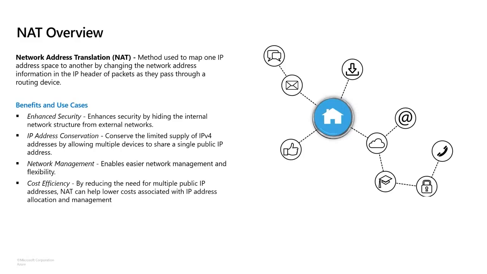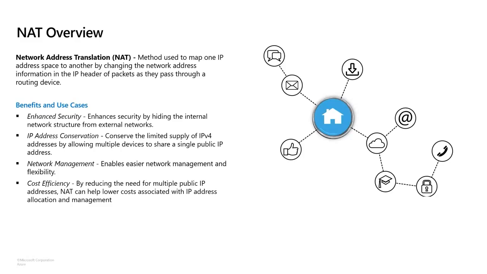It simplifies the process of adding new devices to the network and managing IP address assignments. Then finally, we have cost efficiency, which comes about when we reduce the need for multiple public IP addresses. This helps to lower the costs associated with IP address allocation and management.